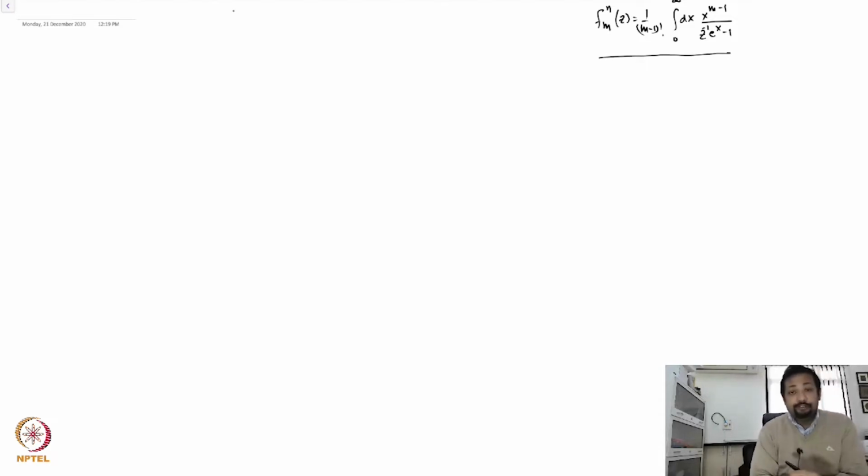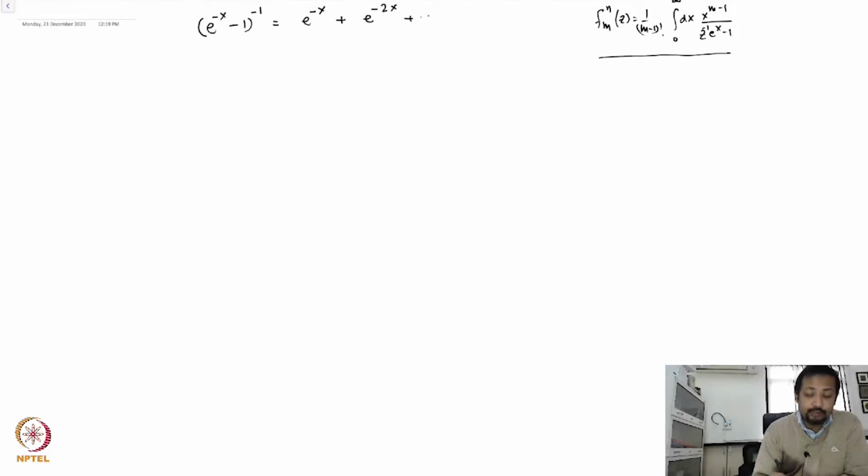We can take the following approach also. We note that at high temperatures, I can expand 1 over (e to the power x minus 1) as e to the power minus x plus e to the power minus 2x plus higher order terms.